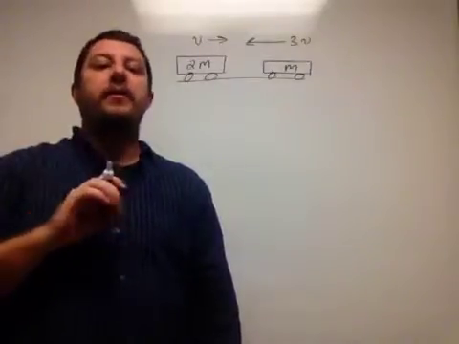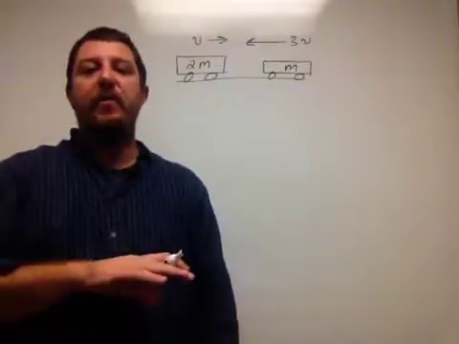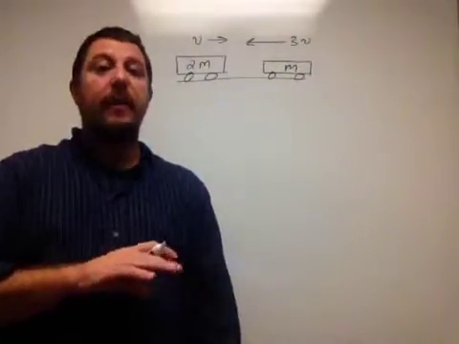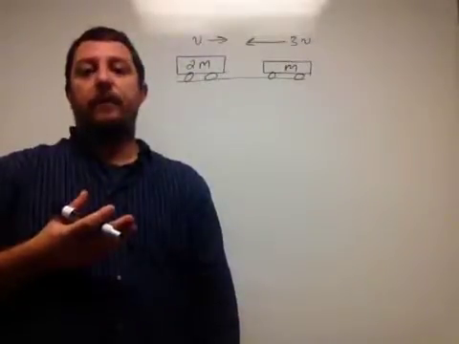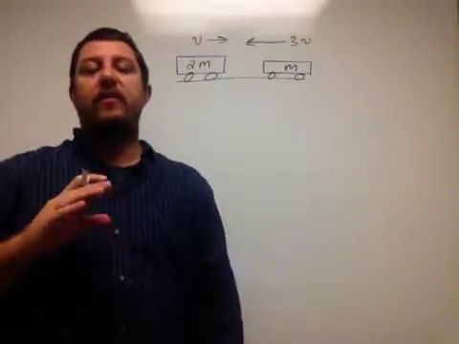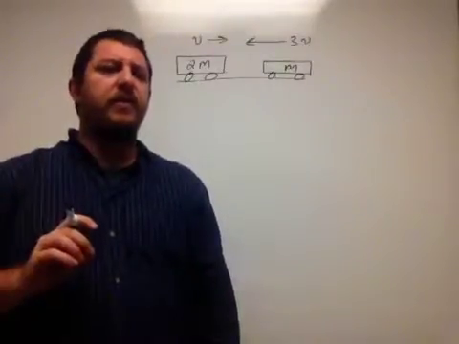Now, here's where we need to start being a little bit more careful than I have been so far. Momentum is a vector, even though I kind of glossed over that in the first introduction to momentum.